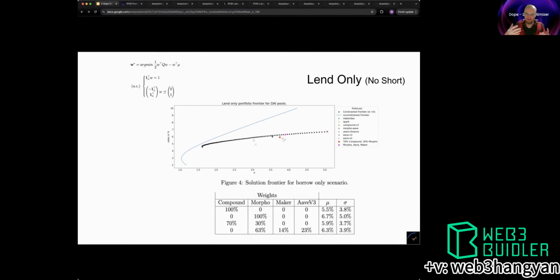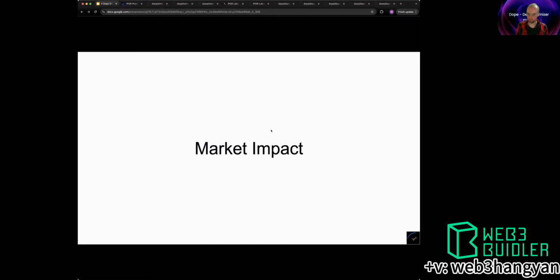We can find a portfolio that follows this black line that you want, but you just cannot go beyond this level at that particular risk. So that's part of what the optimization is doing. Again, on Dope, all this would be happening in the background, so you're really just focusing on execution ideas, trading ideas, deciding which protocol to add or not.